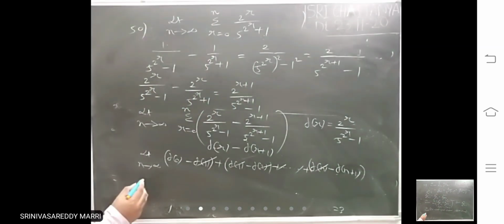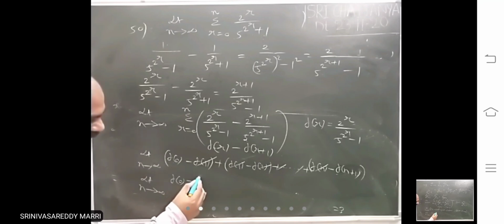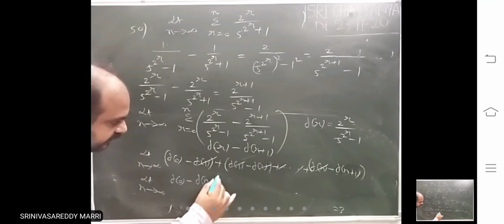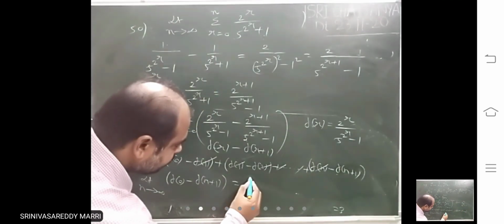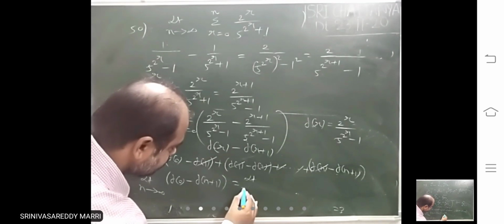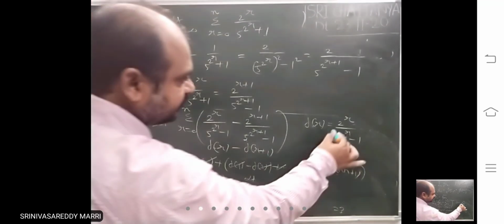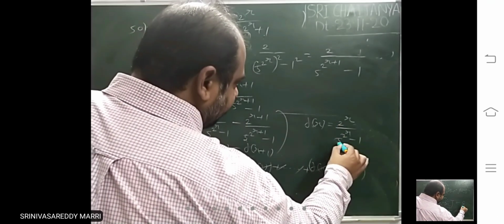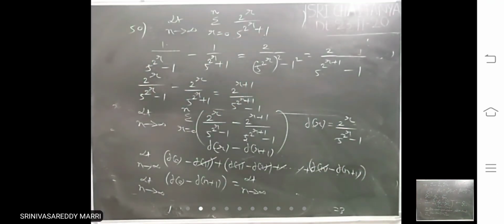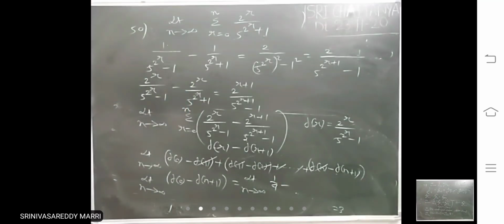That means what you are getting is limit n tends to infinity, f of 0 minus f of n plus 1. What is f of 0 here? If you substitute 0, 2 power 0 is 1, and 5 power 2 power 0 is 5 power 1, so 5 minus 1, that is 1 by 4.